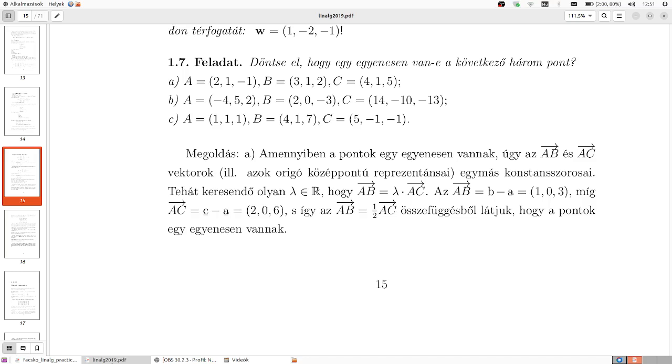You have to do this, you have to start this, but you have to do it only in the point C. So let's check what this is.